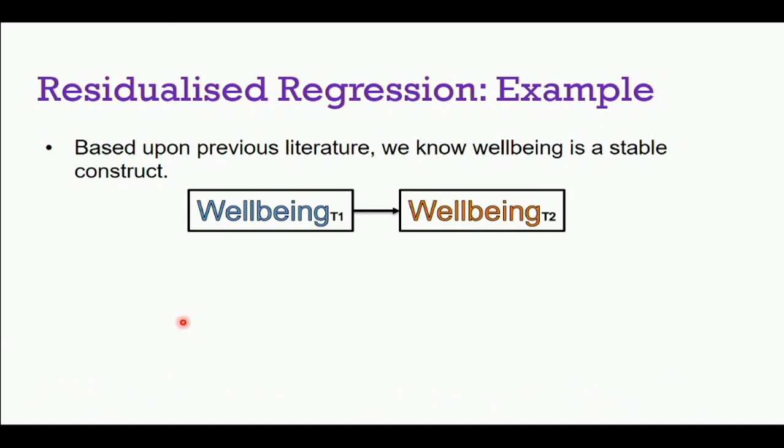All right, so based on previous literature, we know that well-being is a fairly stable construct. So if you're feeling great about yourself in grade 9, you're probably feeling pretty good about yourself in grade 10. Maybe not quite as good, but you're still doing okay.